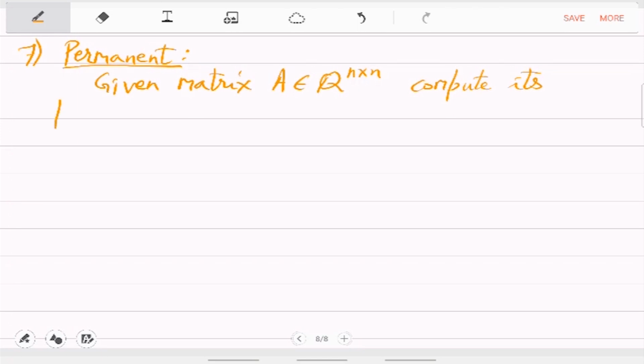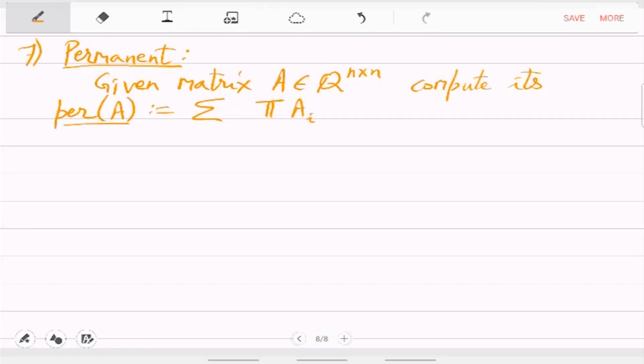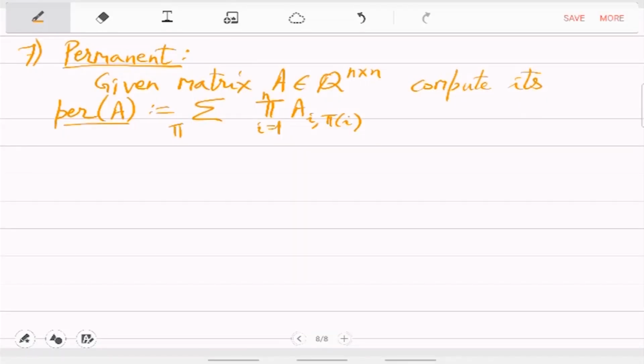What is the definition? In the case of the determinant, you take the product of entries in A and then sum it up over permutations. So you take a product of A i, pi i. You multiply these entries and sum it up for every possible permutation, where pi is a permutation on 1 to n.